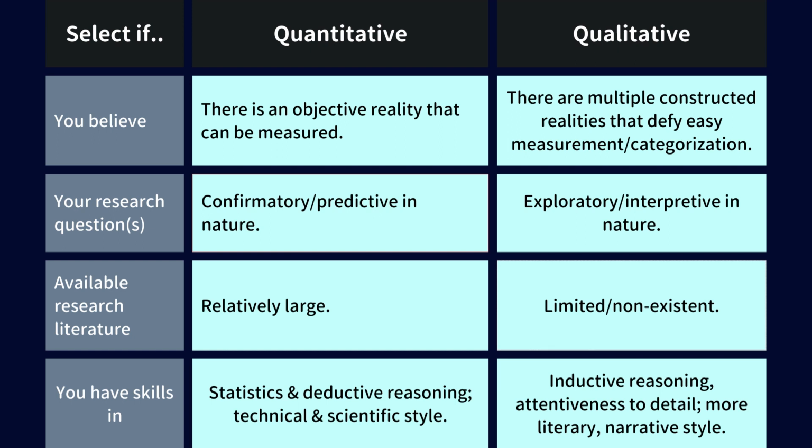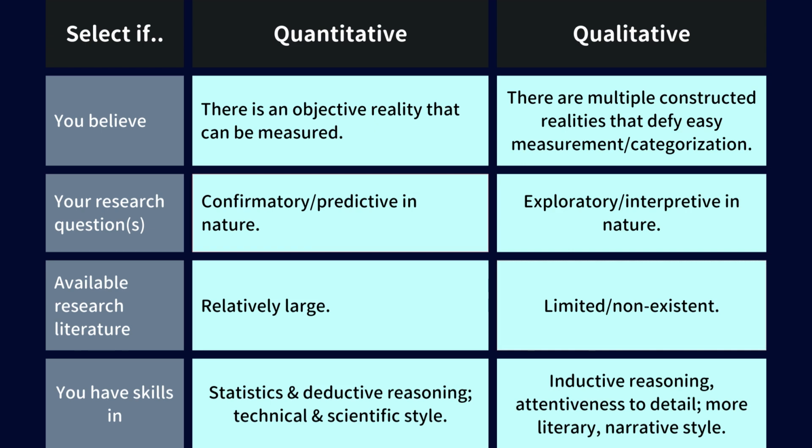They have to look at overall what has been done for that particular subject or topic if they want to do the research. Another one is that these quantitative researchers must have skills in statistics, and they are more towards deductive reasoning.